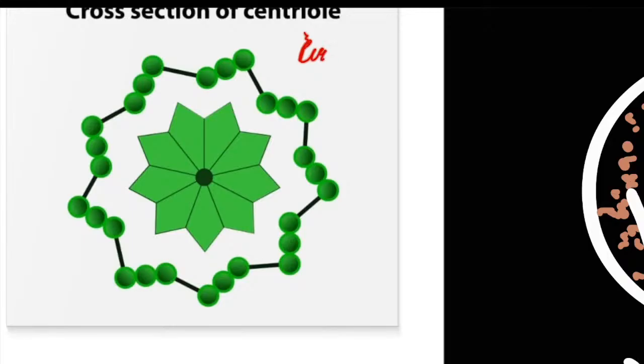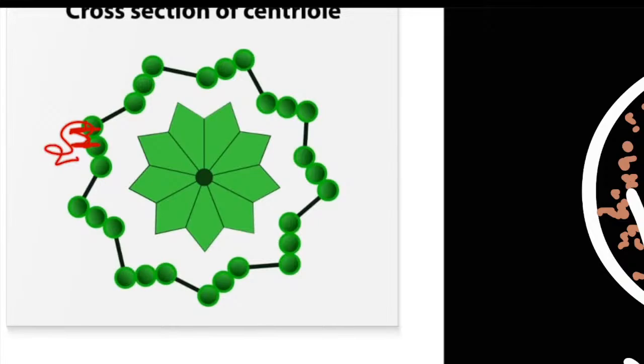It's a circular arrangement. What does circular arrangement mean? That means you're arranging circularly. What are you arranging circularly? You are arranging the fibrils of tubulin. You are just arranging fibrils.